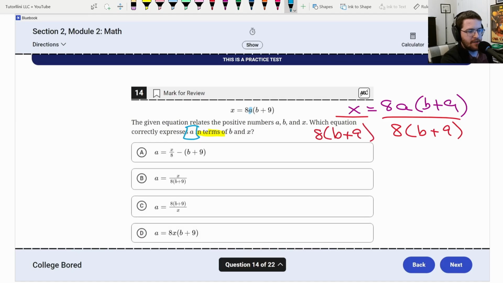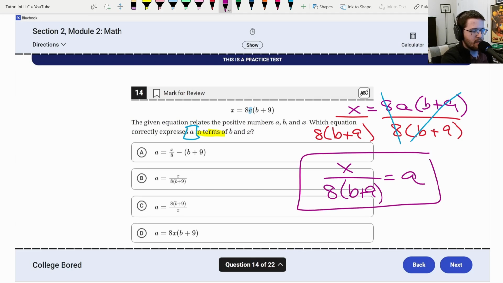All right, and you see these guys go away, and we're left with A equals x over 8 B plus 9, and that is answer choice B.